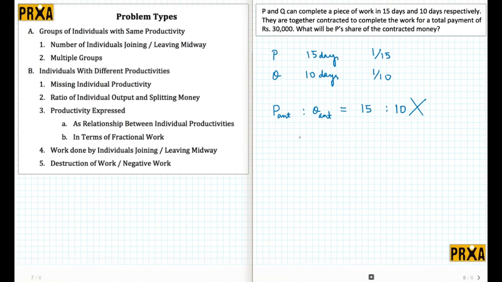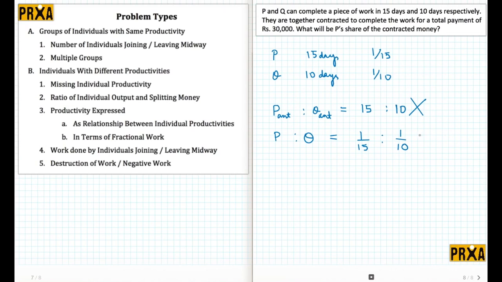So the productivity of P and the productivity of Q should actually be in the ratio of their daily productivity. So given the same amount of time, which is 1 day in this case, P is able to do 1/15th of the job, and given the same amount of time, Q is able to finish 1/10th of the job.